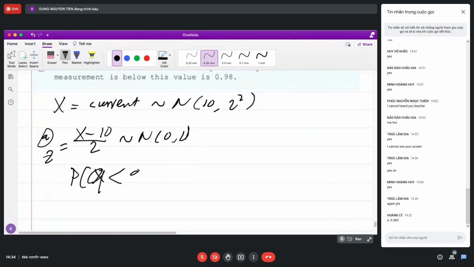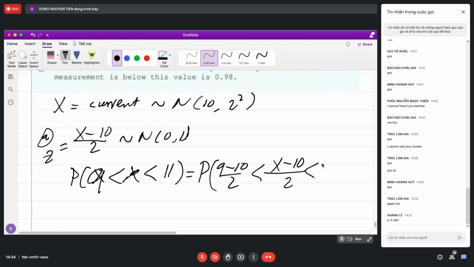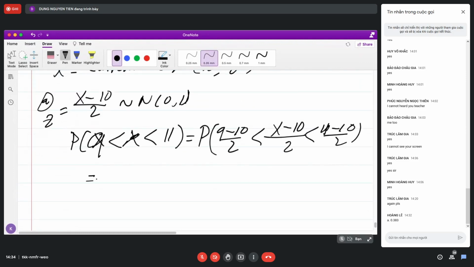I'm going to standardize that to get (9 minus 10) over 2 less than (X minus 10) over 2 less than (11 minus 10) over 2. And then you come up with the probability that Z is more than minus 0.5 and less than 0.5.